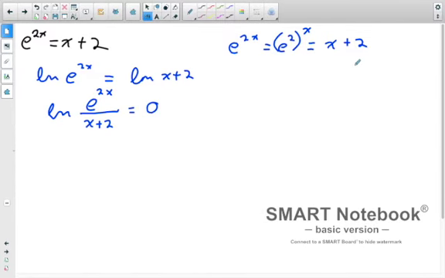Well, if we were to consider log base e squared, so log base e squared, what does that give us?